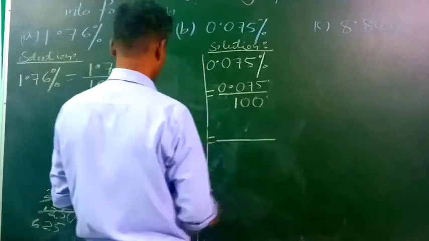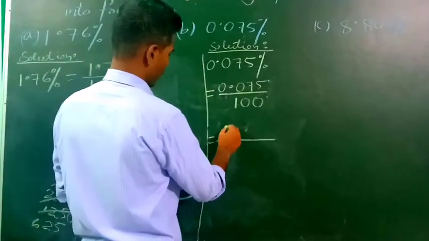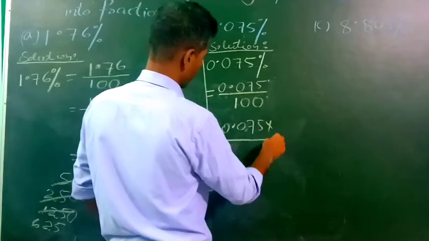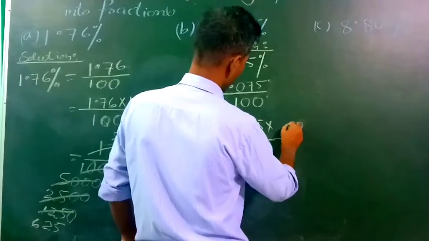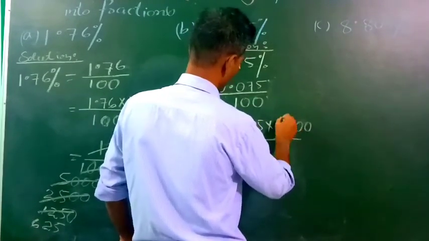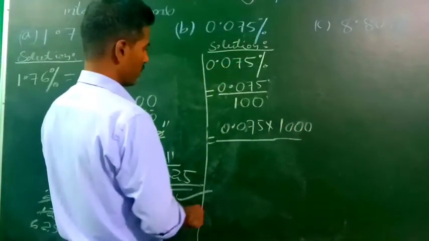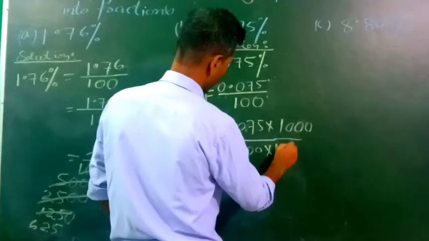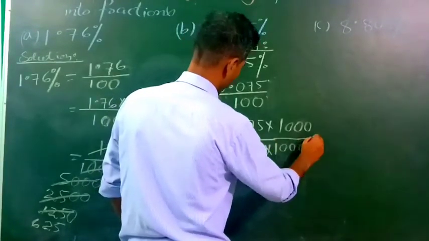Okay, see, 0.075 into 1000. So in the denominator place also 100 into 1000. Are you getting me?